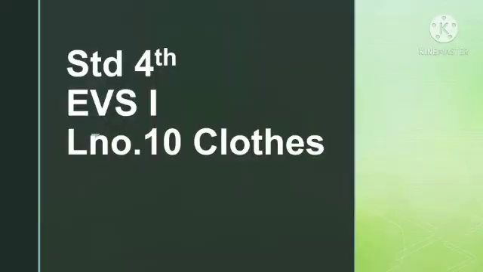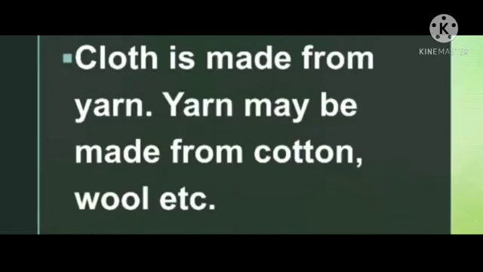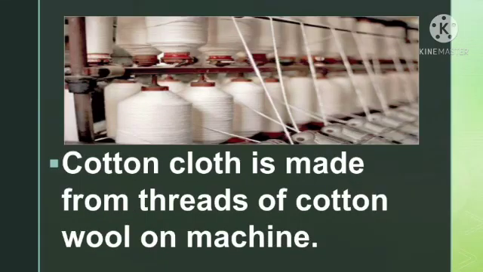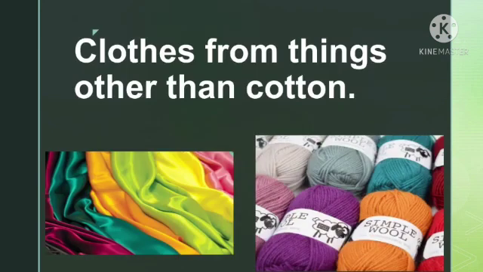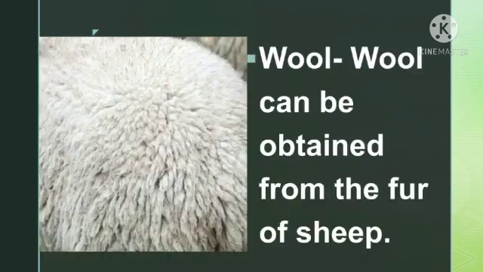Lesson number 10, Clothes. Cloth is made from yarn. Yarn may be made from cotton, wool, etc. Cotton cloth is made from threads of cotton, wool on machine. Clothes from things other than cotton, silk and wool.